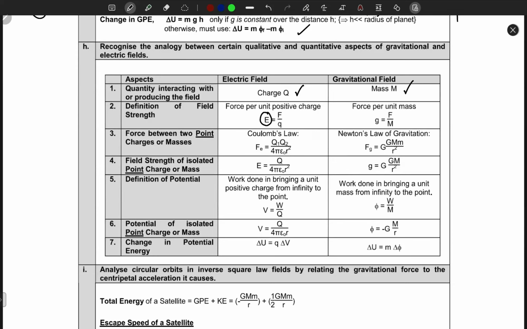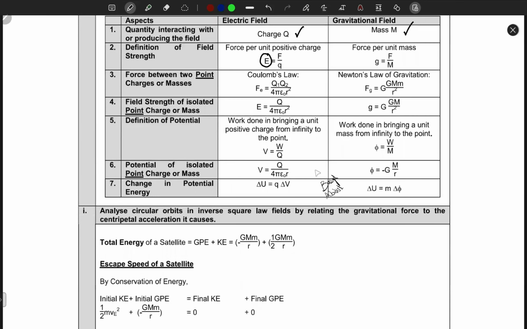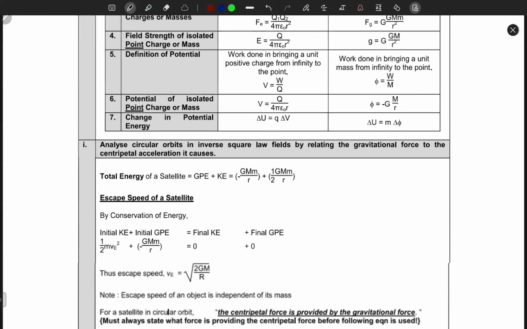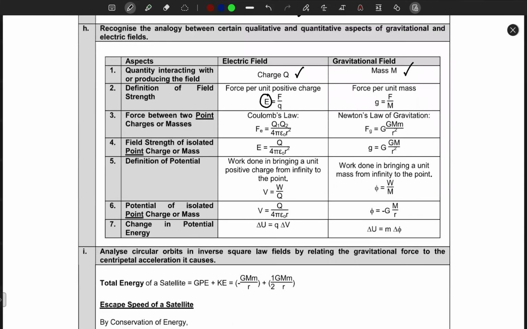And the expressions for forces are also very similar, and they both follow the inverse square law. So this is just seeing the resemblance between electricity and gravity. Is there anything that you would like to add or ask, anything that is bothering you at this point?